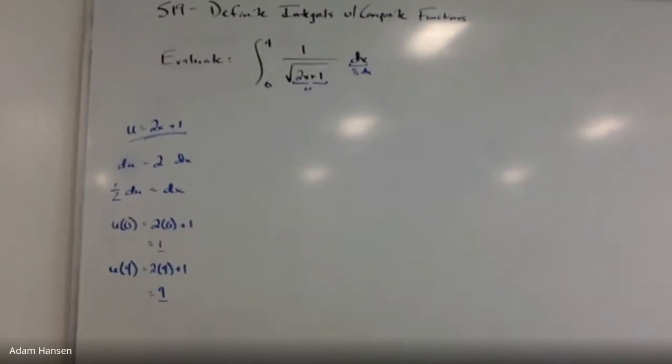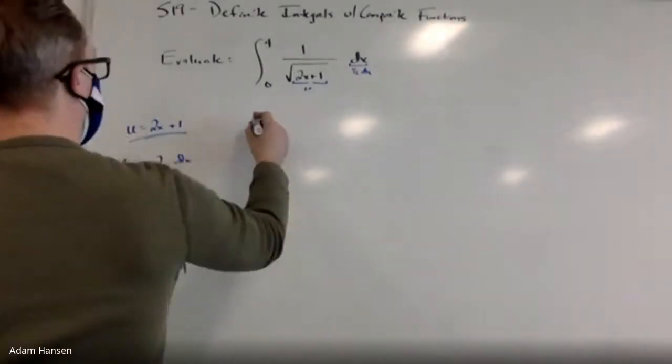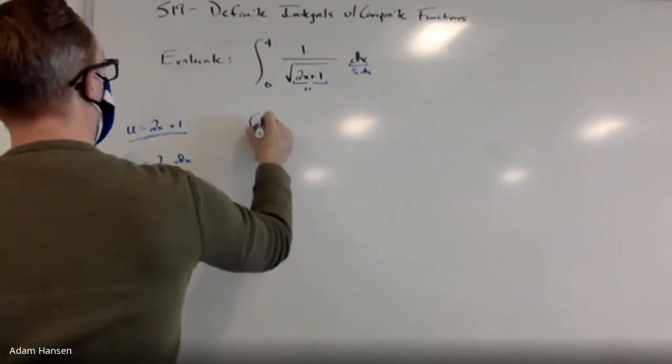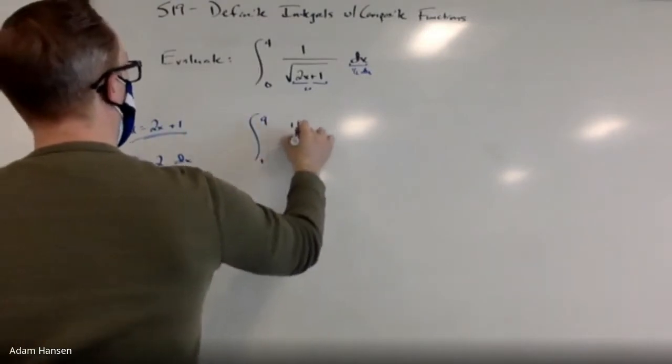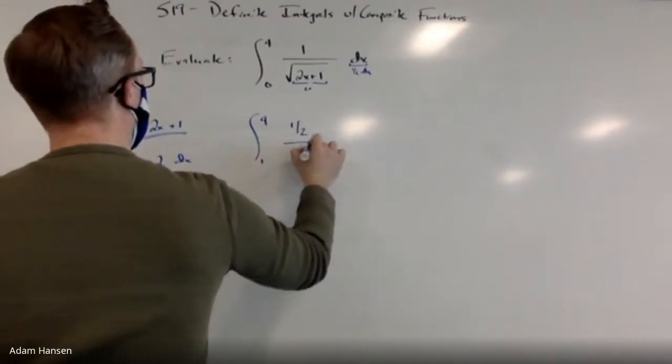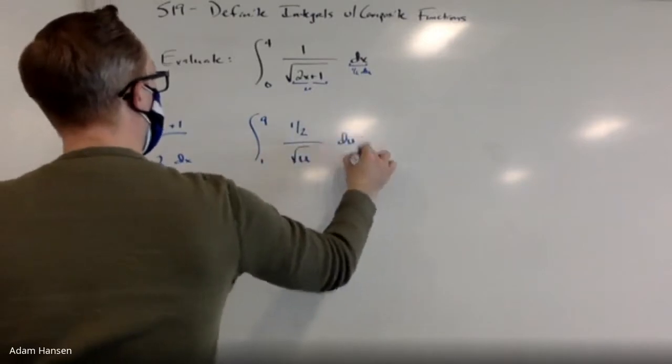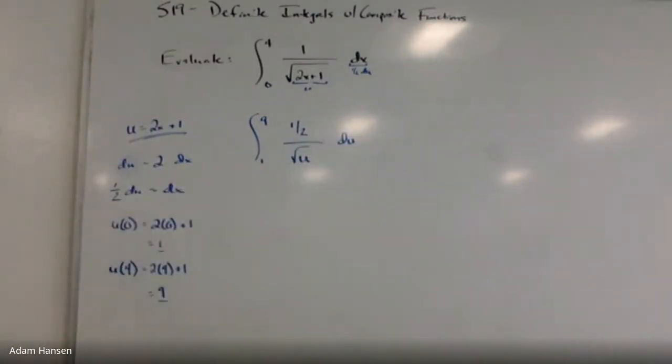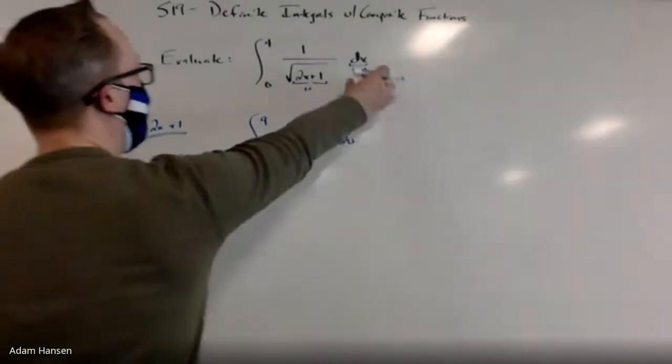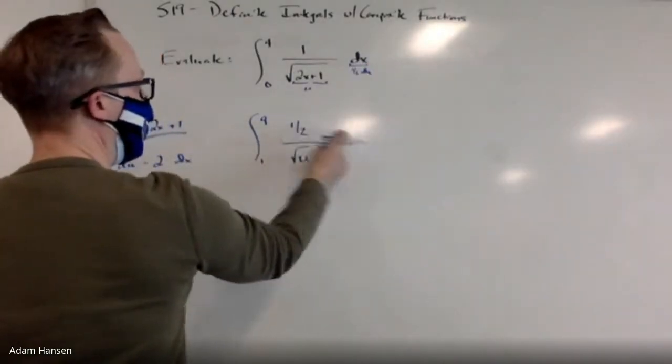Okay. The definite integral, not from 0 to 4, but from 1 to 9, of 1/2 over the square root of u du. And for 1 dx, I replaced with 1/2 du, as you can see here.